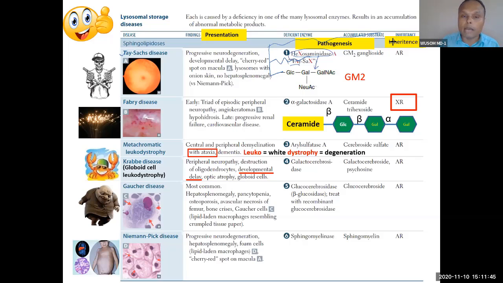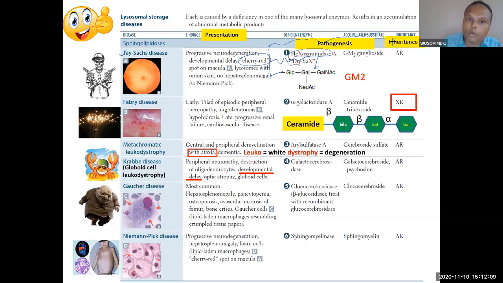Tissue regeneration will have a problem. So you can see passive neurodegeneration will happen in the nervous tissue because ganglioside is present in nervous tissue. And because of that, the patient will have a very unique finding, a cherry red spot in the macula of the eye.